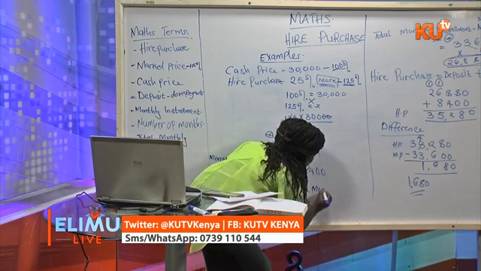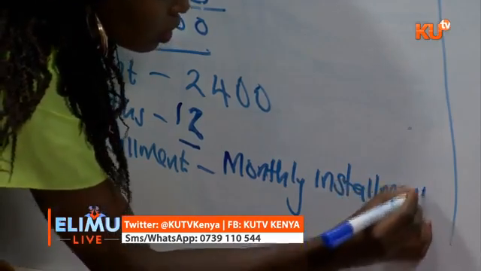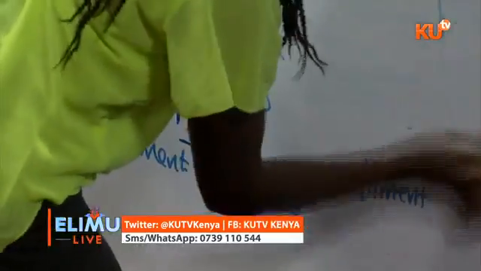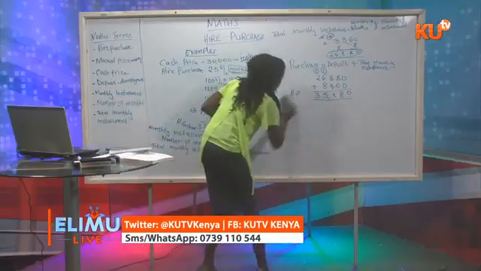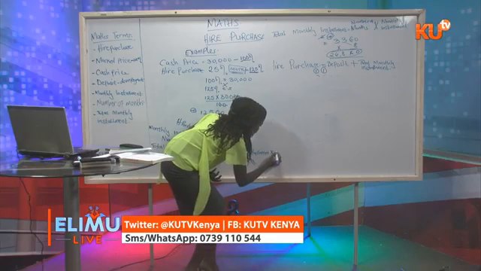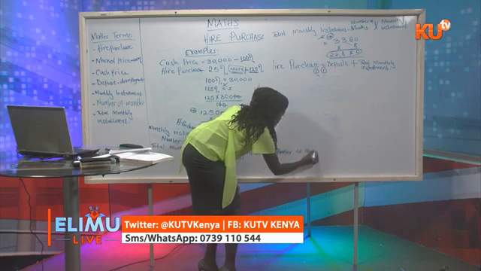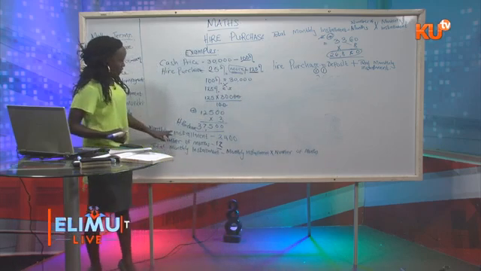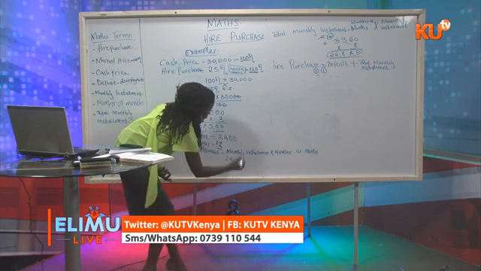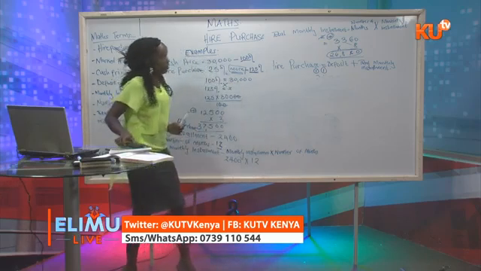So the monthly installment was 2,400. You take 2,400 multiplied by the number of months. A year has 12 months, so times 12.